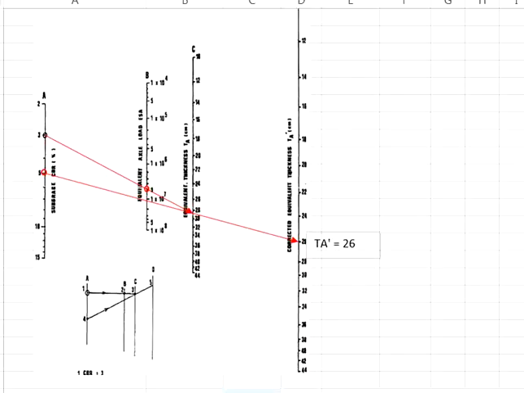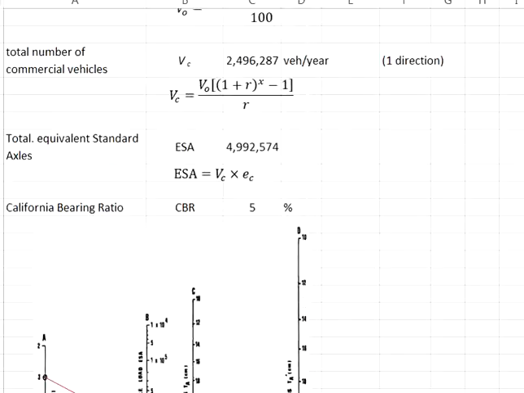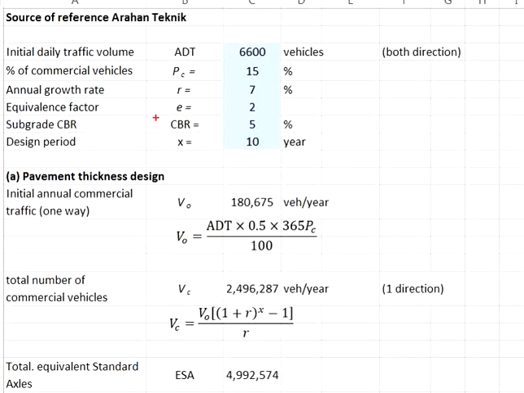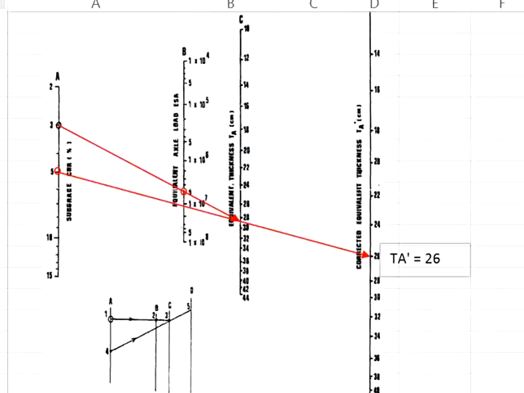Next, you will need to work out the equivalent thickness using the nomograph. In order to use the nomograph, you need ESA and also the CBR. The CBR is given, which is 5%. And we shall look into the nomograph to get the corrected equivalent thickness. Based on the description here, we know the process of using the nomograph.